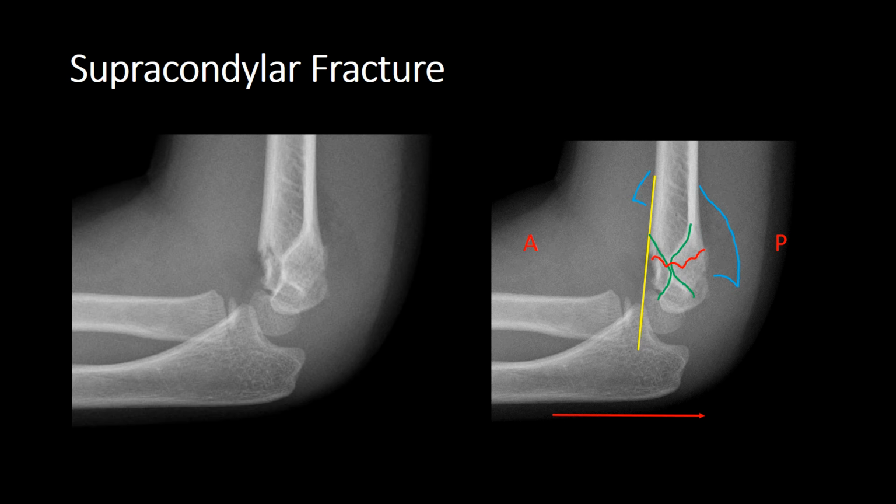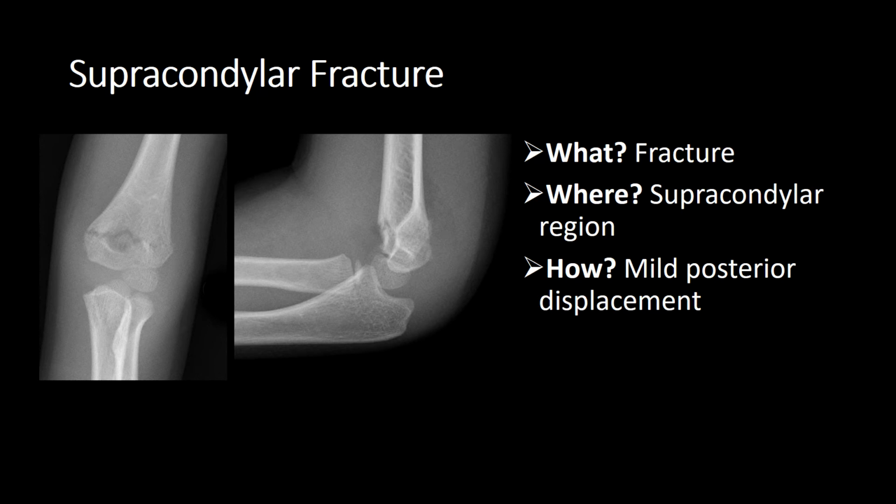So we've got a positive soft tissue sign, we've got an abnormal anterior humeral line, and we can visualise the lucent line passing through our supracondylar region, indicating that we have a supracondylar fracture. So what is it? It's a fracture of the supracondylar region.